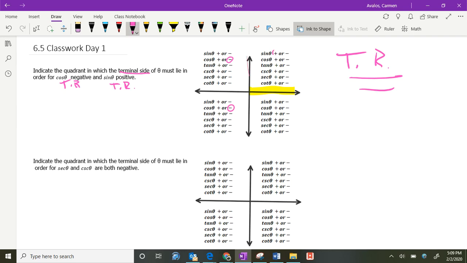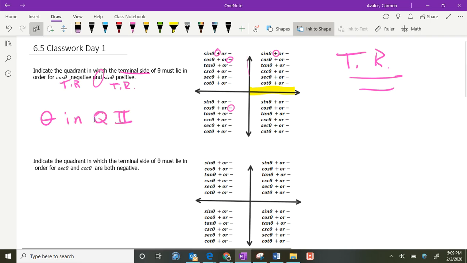Sine is positive in this quadrant and in that quadrant. We want them both to be true: cosine's trig ratio negative and sine's trig ratio positive. That is only happening in quadrant 2. That means that theta must be in quadrant 2.